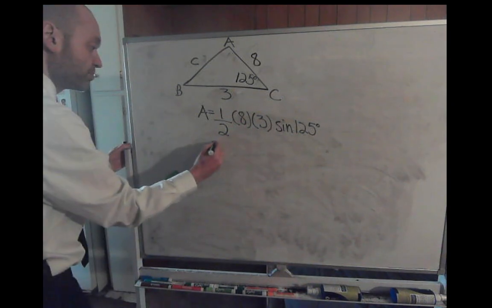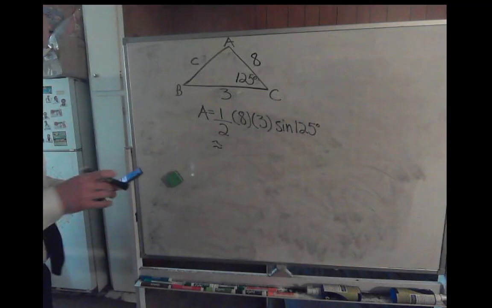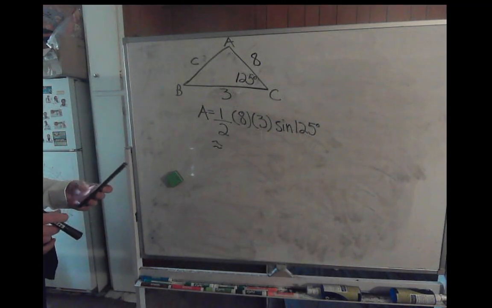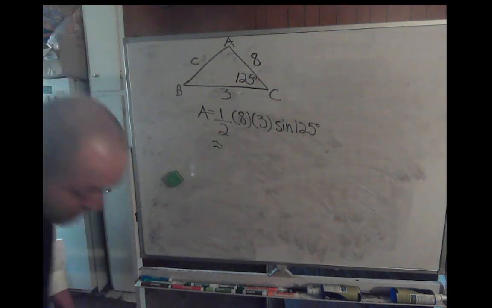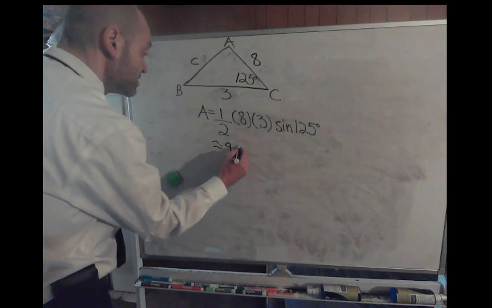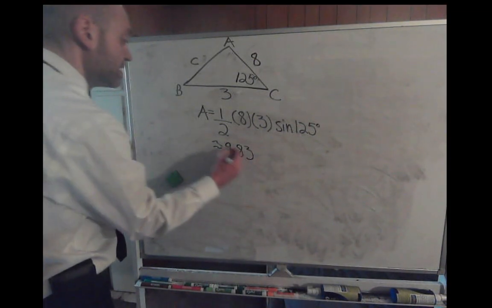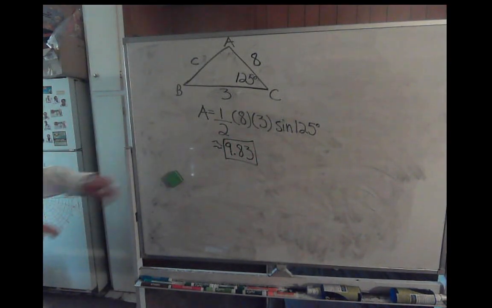Getting our approximation for the area, you get about 9.83. So the area of this triangle would be approximately 9.83 square units.